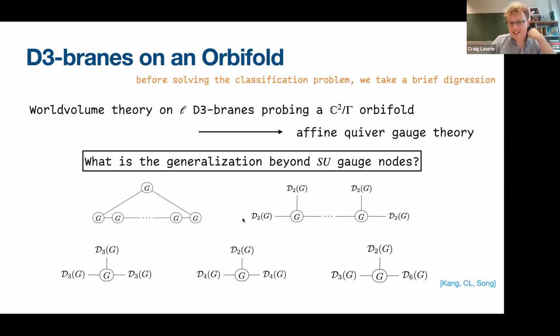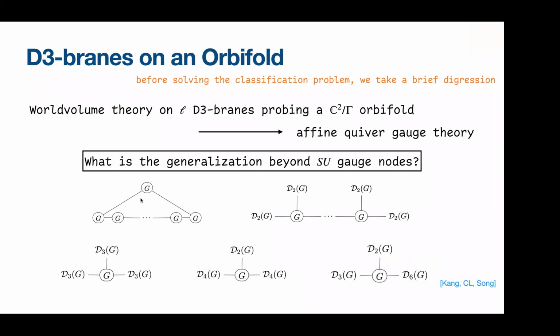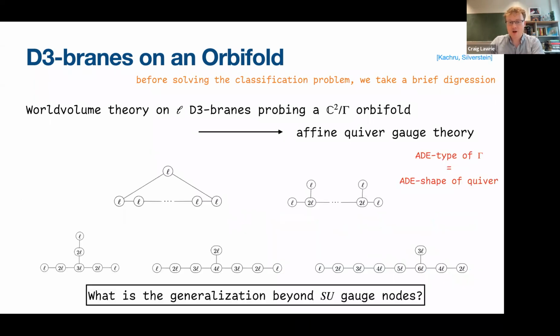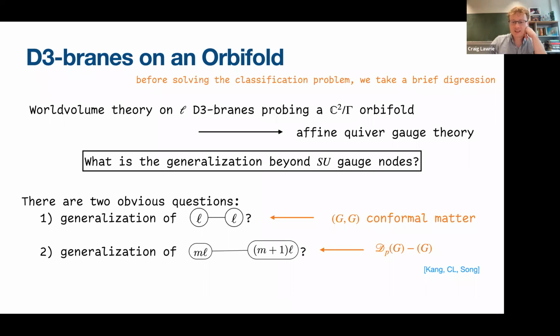I can write down these things. These are generalizations in the sense that if I let G be SU(2M), SU(6M), and so on, then these things just become the quivers that I drew here.